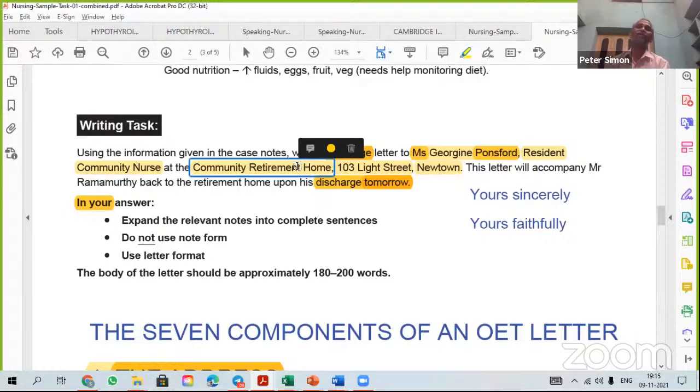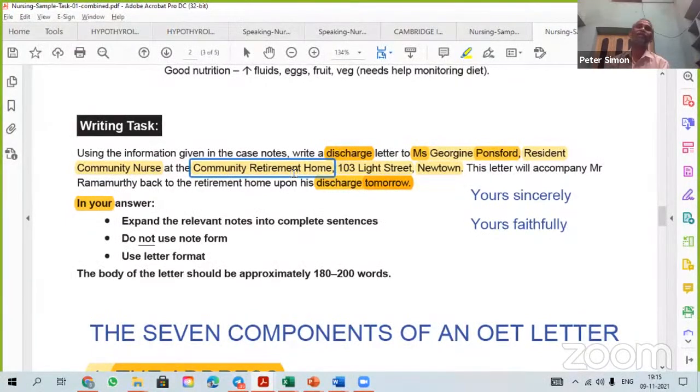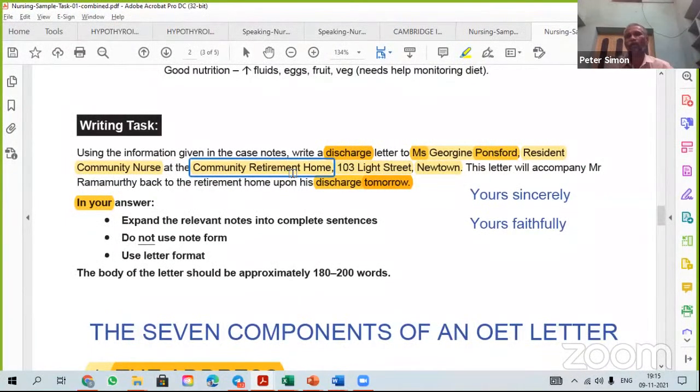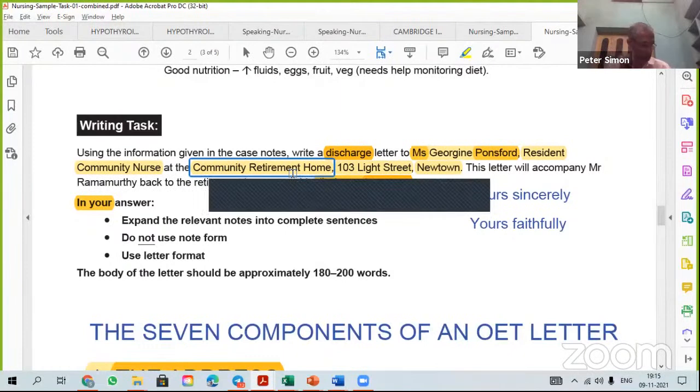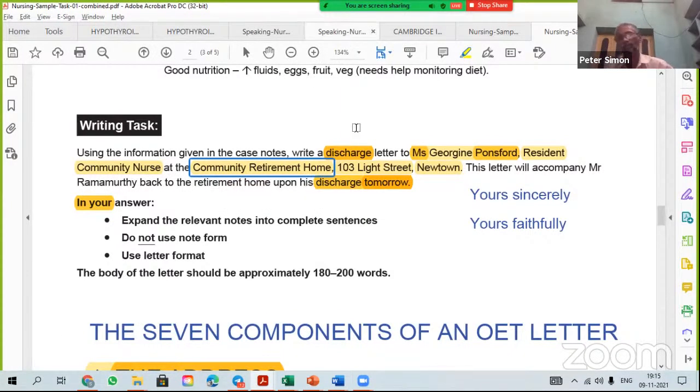back to your facility or back into your care? So you have to understand that thing there. Back to your facility, back into your care. So discharged back into your care tomorrow.